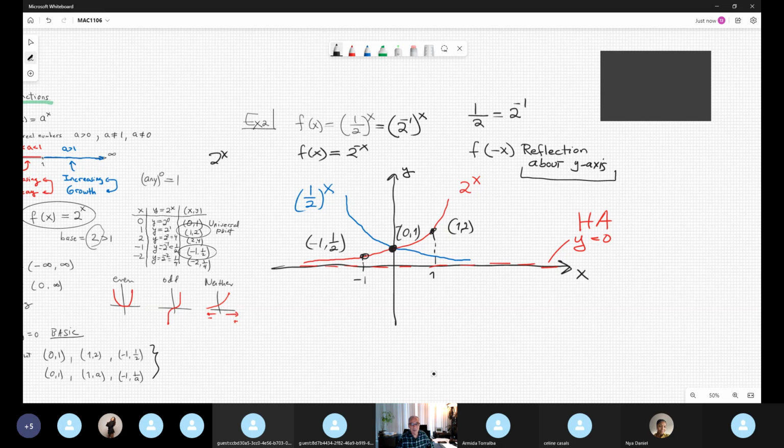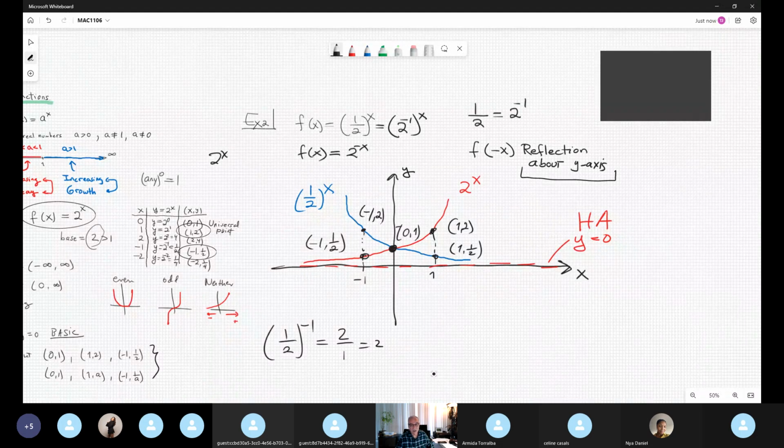And the typical points are (-1, 2) and (1, 1/2). Why? Because 1/2 raised to the negative 1 is the reciprocal, and the reciprocal of 1/2 is 2 over 1, which is just 2. And at 1 it is obviously 1/2. You see it magically happens that the values are reflecting.